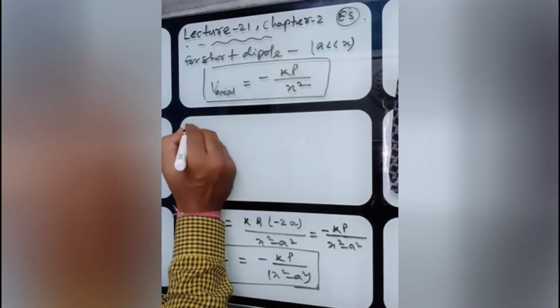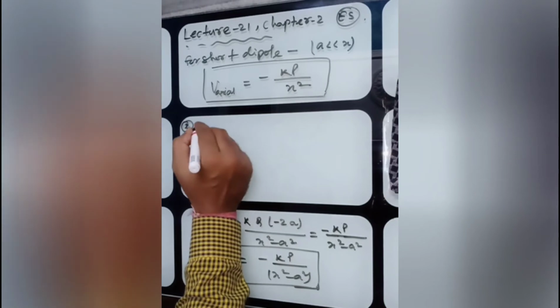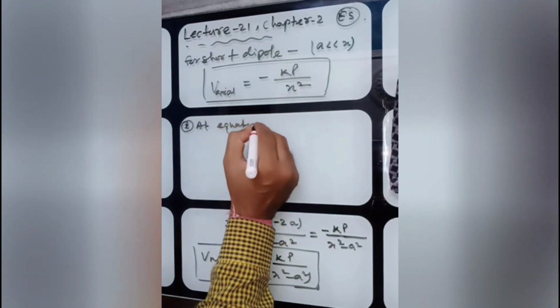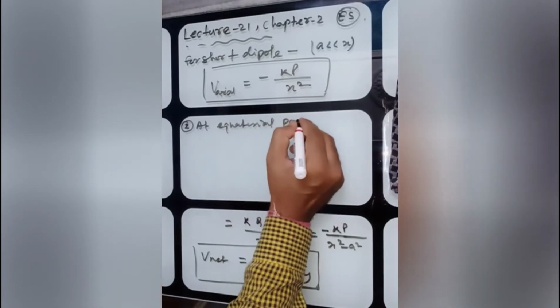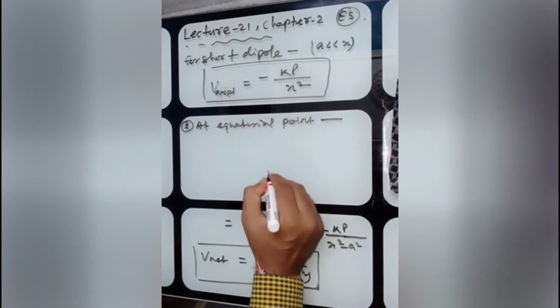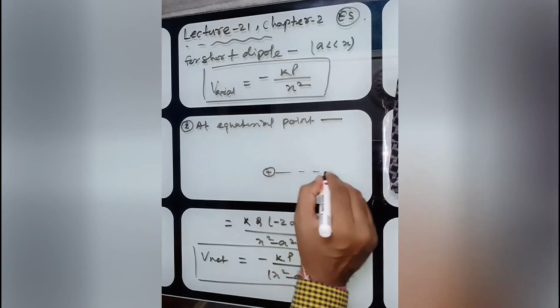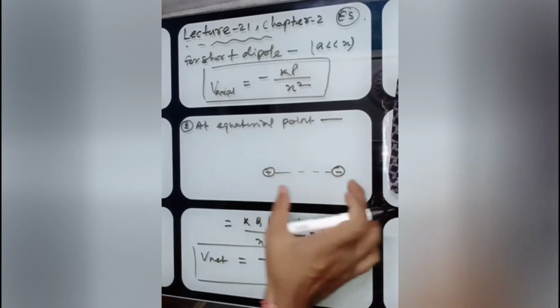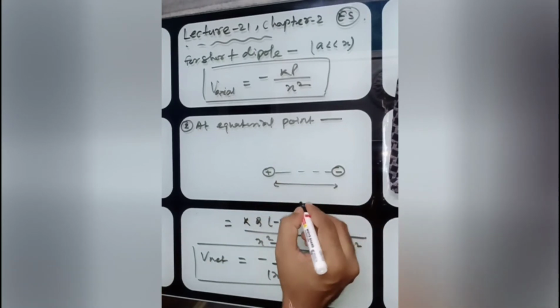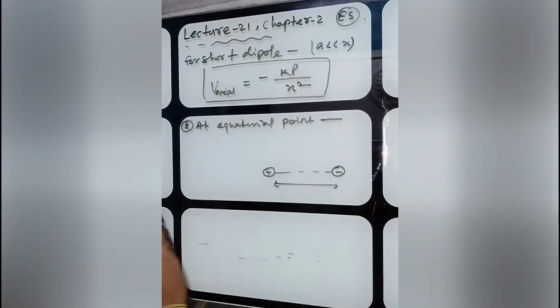Now students, we will derive the potential for the second case, at the equatorial point. So this is the charge, plus and minus. It is the dipole, having dipole length 2a.